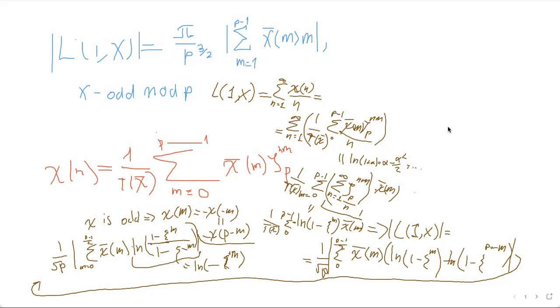There is some complex power. Minus zeta to the m is exponent of something. It's exponent of a complex number, a pure imaginary number. Which one? Write this imaginary number down, please.